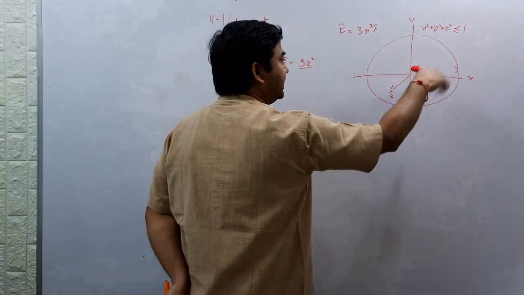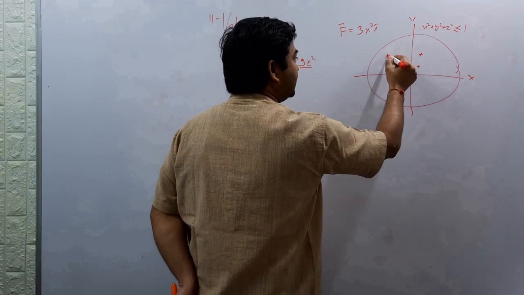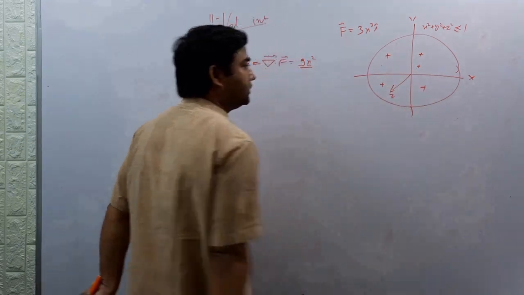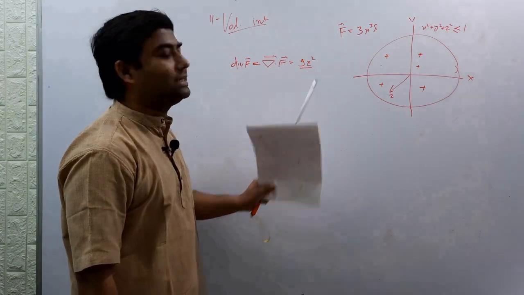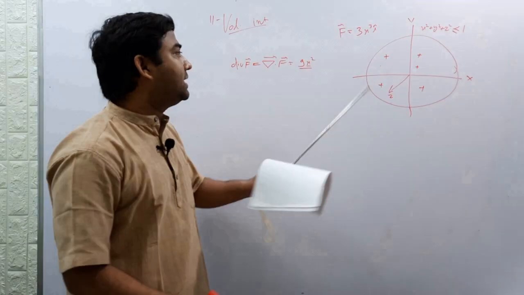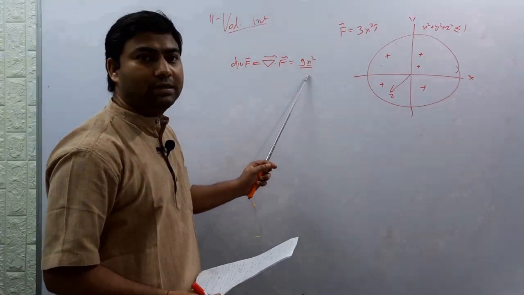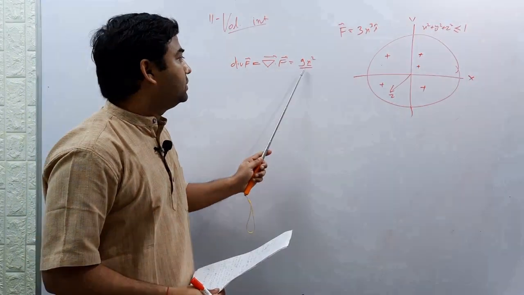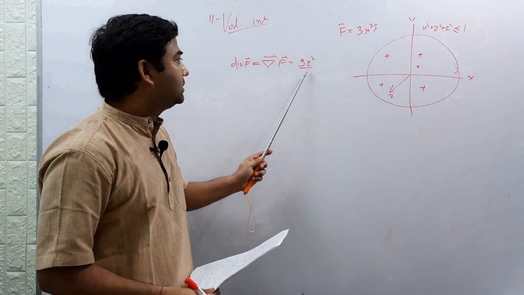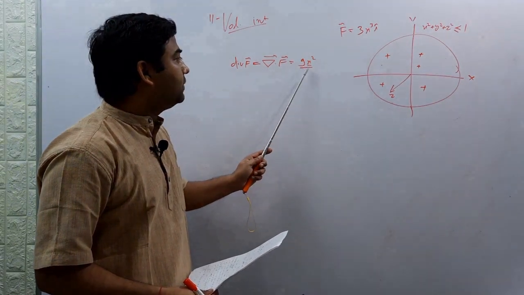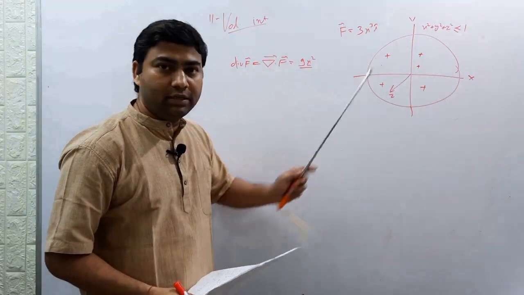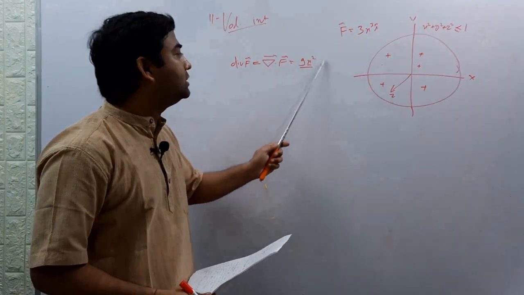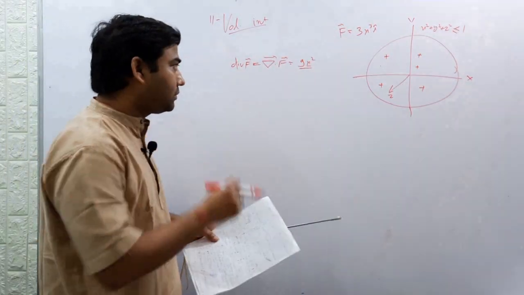So in all coordinates, all quadrants, divergence will be positive. It doesn't depend on y and z, but the sphere is in x, y, z space, so it depends only on the x coordinate. Whatever the value of x, positive or negative, this divergence will always be positive.